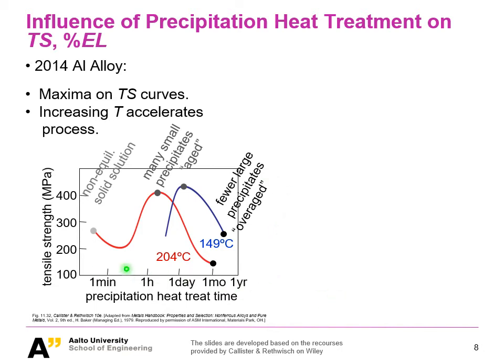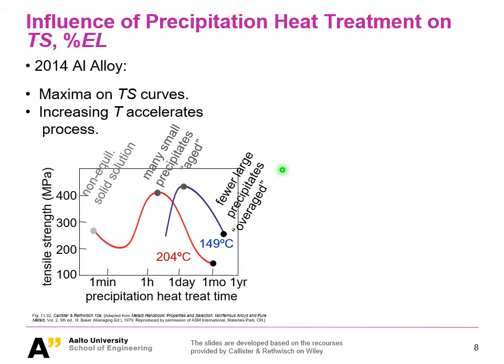And because it is so sensitive to time, we also call this precipitation hardening aging. As you can see here, this is properly aged, and this is overaged. These two terms are used interchangeably, so don't be surprised if you hear me say I'm doing aging to my aluminum alloy.